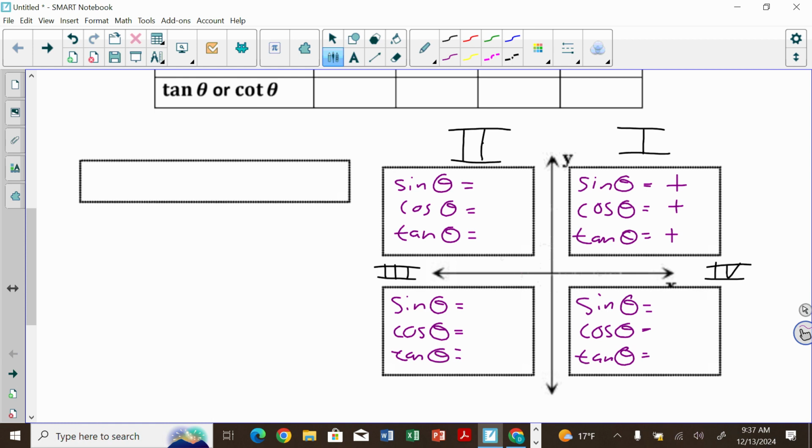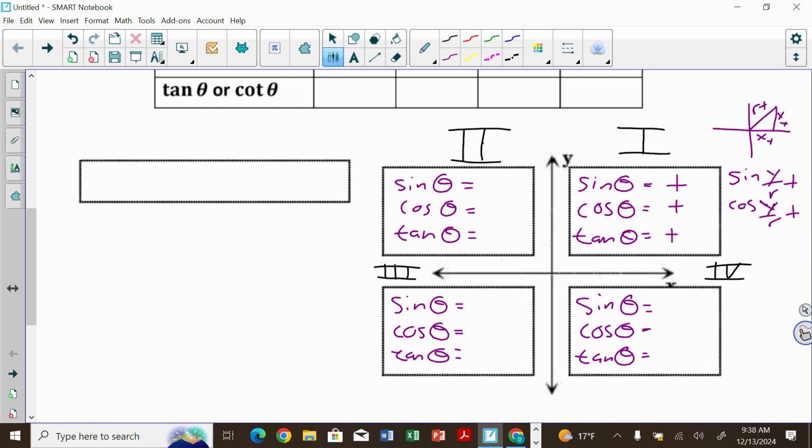If I draw a quick graph here, if we're in quadrant 1 and I have my triangle, my x is going to be positive and my y is going to be positive. My r I know is always positive. Sine is y over r, so that's positive. Cosine is x over r, so that's positive. And tangent is y over x, so everything's going to be positive there.